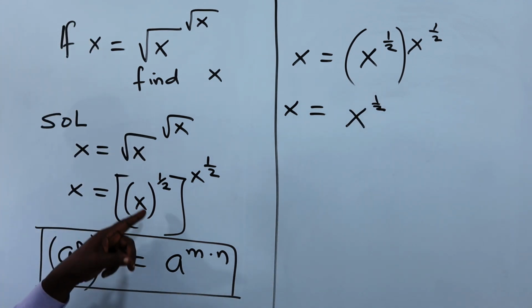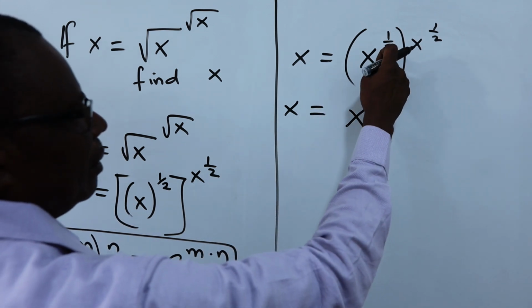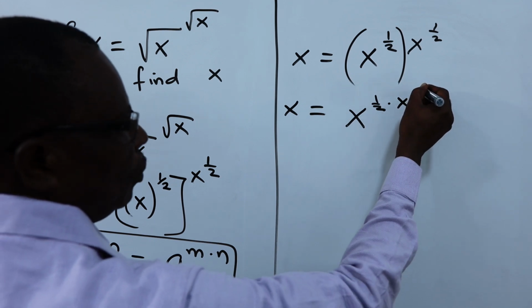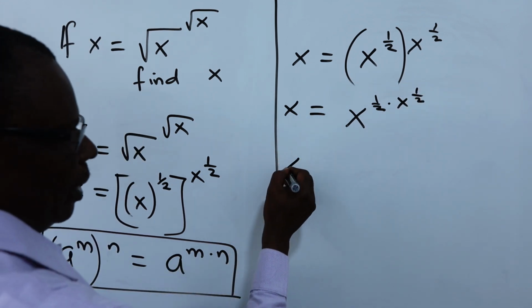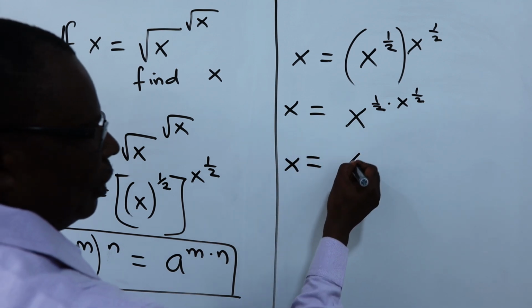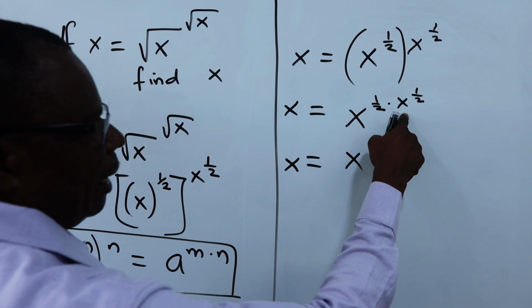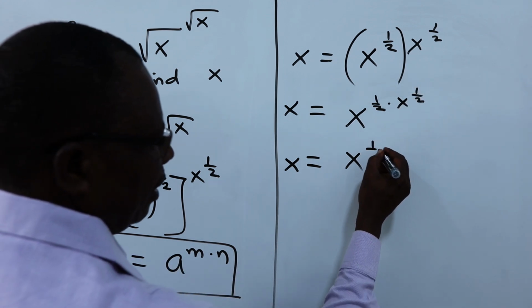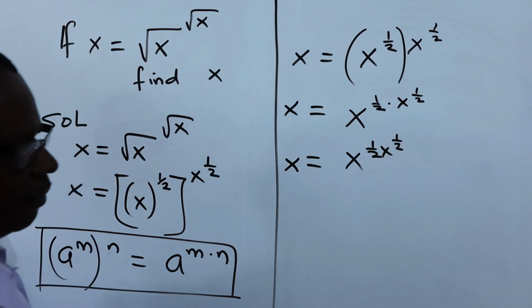The law I was talking about, we will now multiply this power half by x raised to power half. So we have x equal to x raised to half times x raised to power half is the same thing as half x power half.